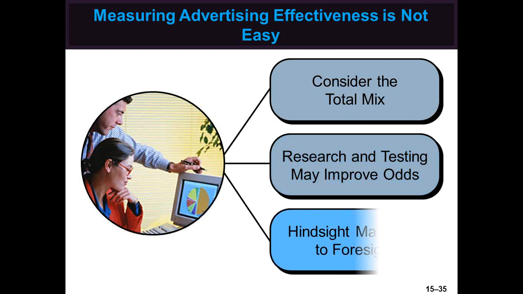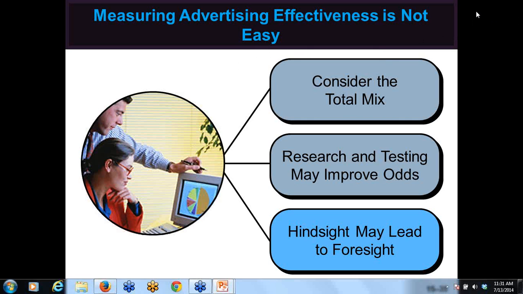Marketing managers should try variations on their overall advertising message to see which combination of message variables is the most effective. Hindsight may lead to foresight. What consumers tell marketers about ads and what they remember, both good and bad, should be used as input into the refinement of subsequent advertisements.